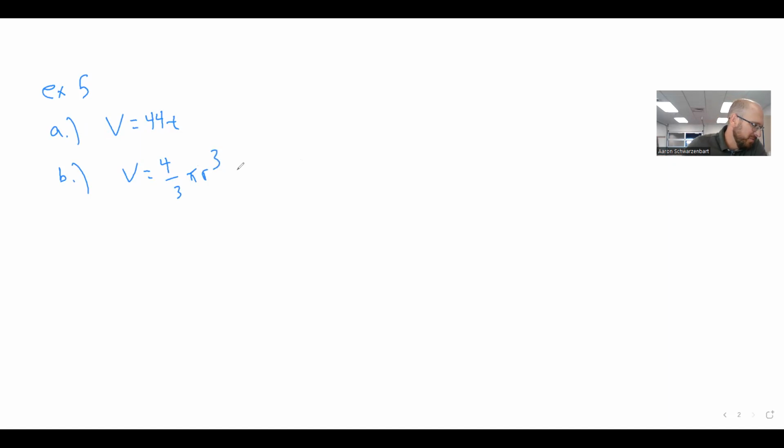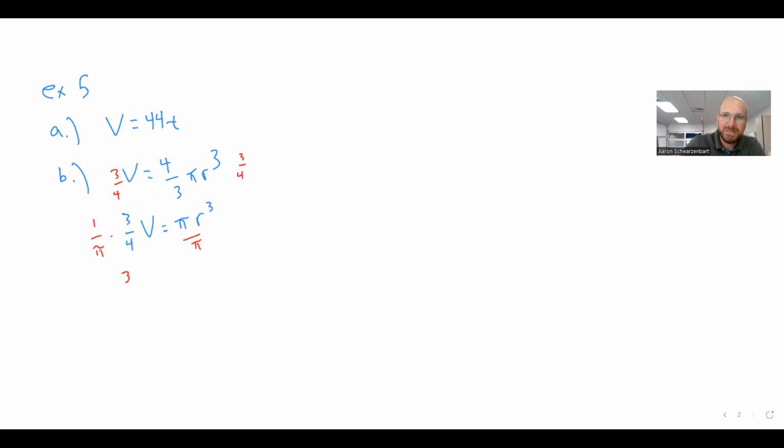It wants me to solve for r. I'm going to start by multiplying both sides by 3/4. And then I'm going to divide by pi, which is multiplying by 1/pi.